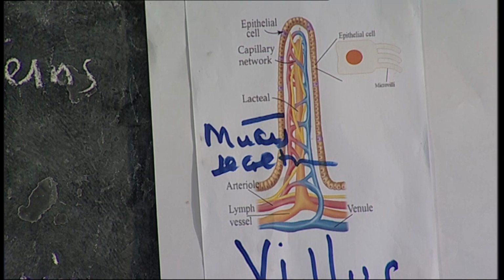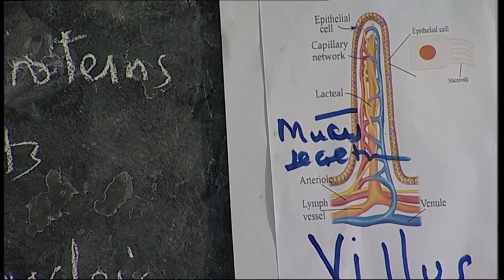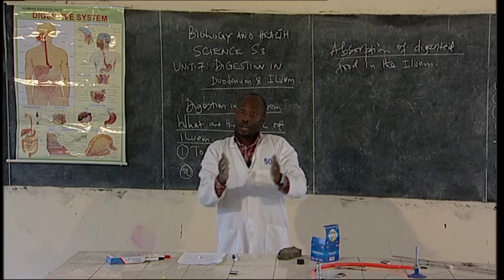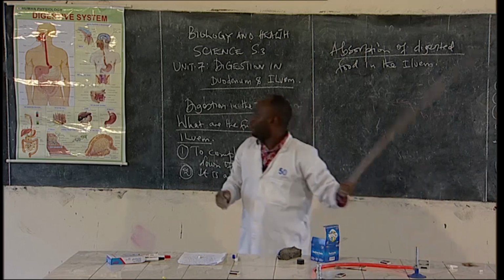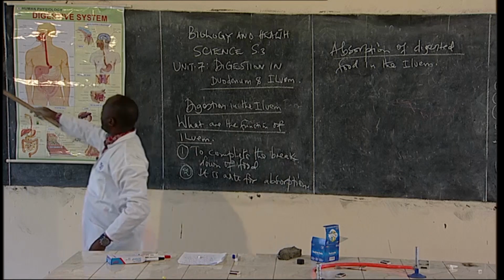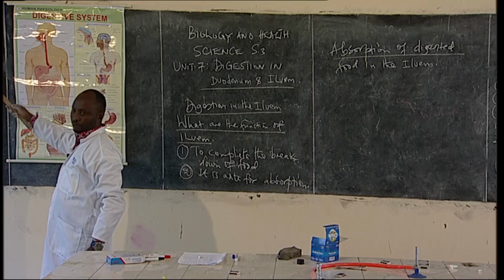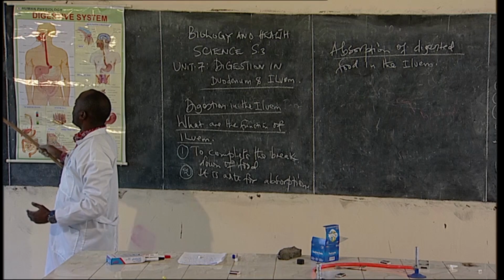Let's talk about the adaptations that enable the villi to perform their function. The villi must have characteristics and adaptations that enable them to carry out their function. Number one, we have a large surface area over which absorption can take place.